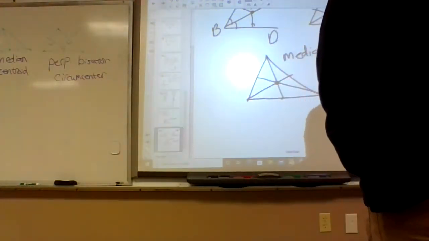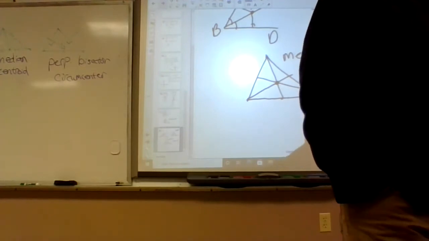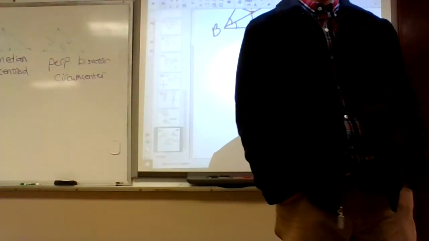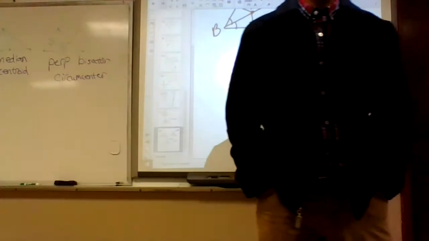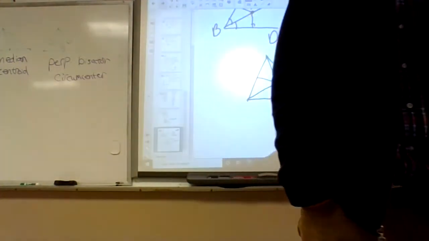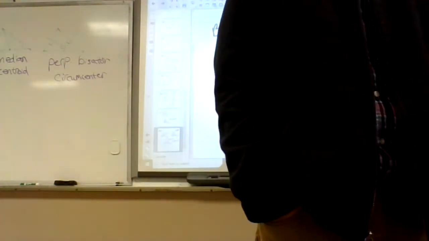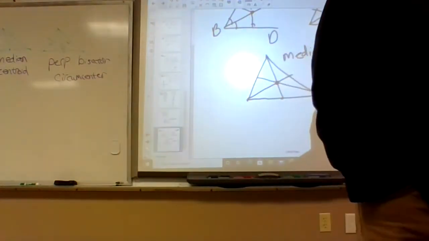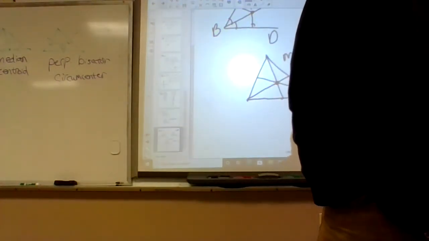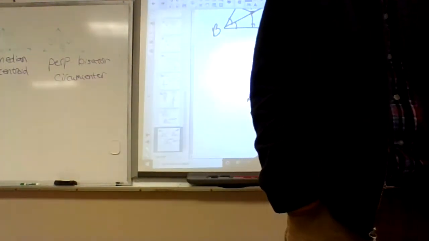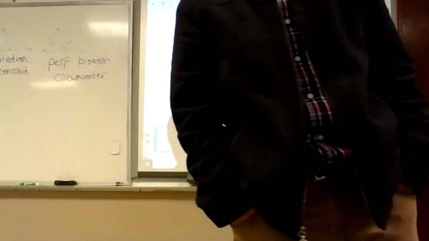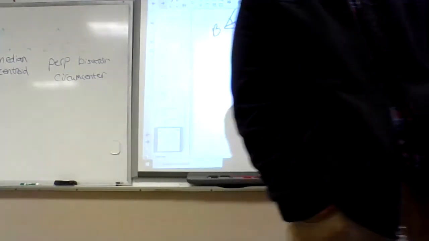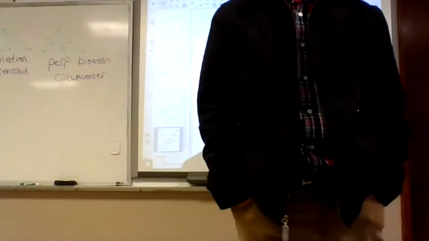XB would be the height of the triangle, so it's an altitude. So the one we haven't used, AZ, is going from the vertex Z to the midpoint A. So that's called a median. So AZ or ZA would be the median.